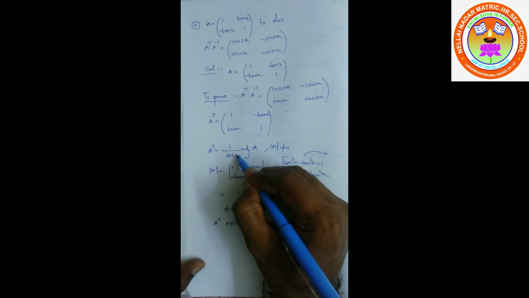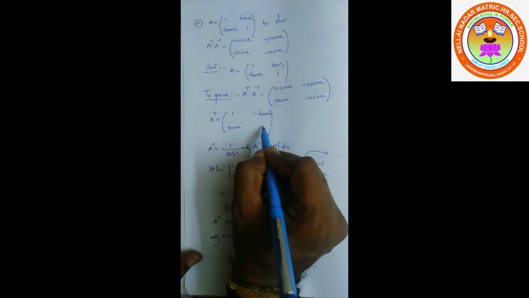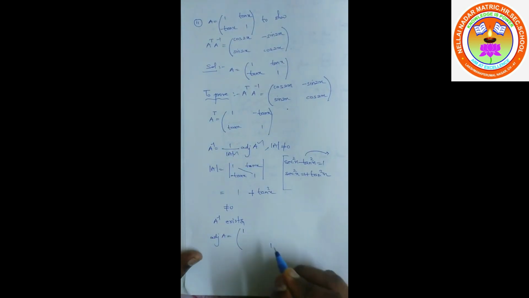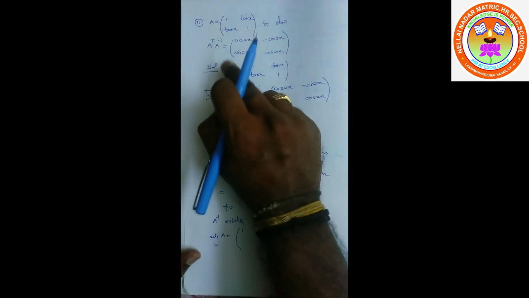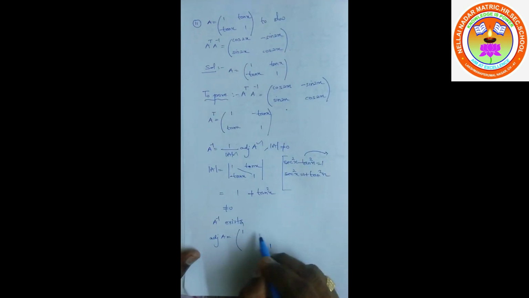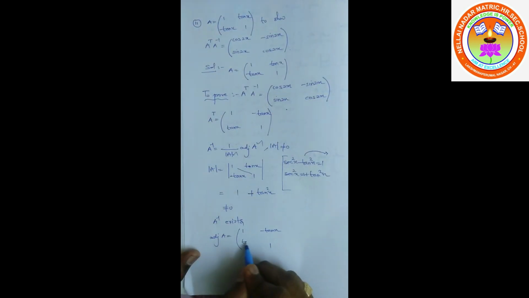After finding determinant of A, I need to find adjoint of A. Adjoint of A is very easy. You need to transfer these two elements, both are 1, so no problem. 1 and 1. This plus tan x will become minus tan x, and this minus tan x will become plus tan x.